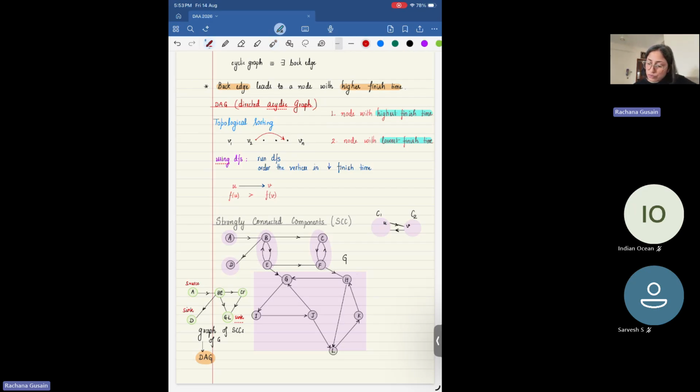So one of the source nodes will have the highest finish time. This is going to be a source node. There can be multiple source nodes, but whichever node has the highest finish time, it has to be a source node. And similarly, the node with the lowest finish time must be a sink node.